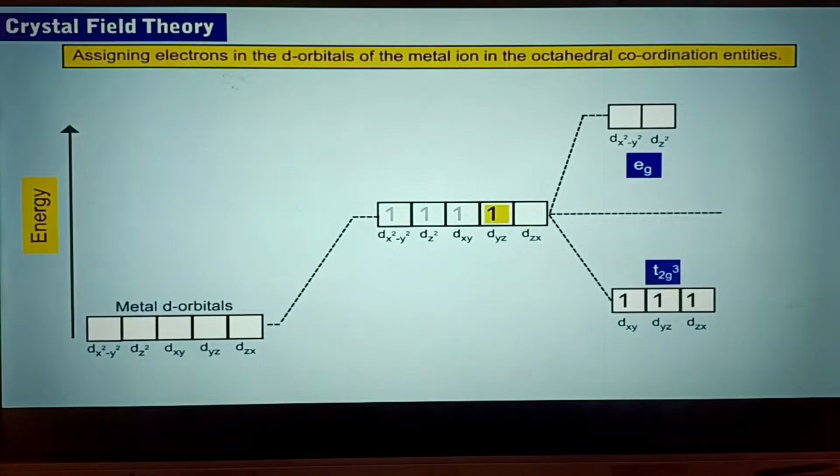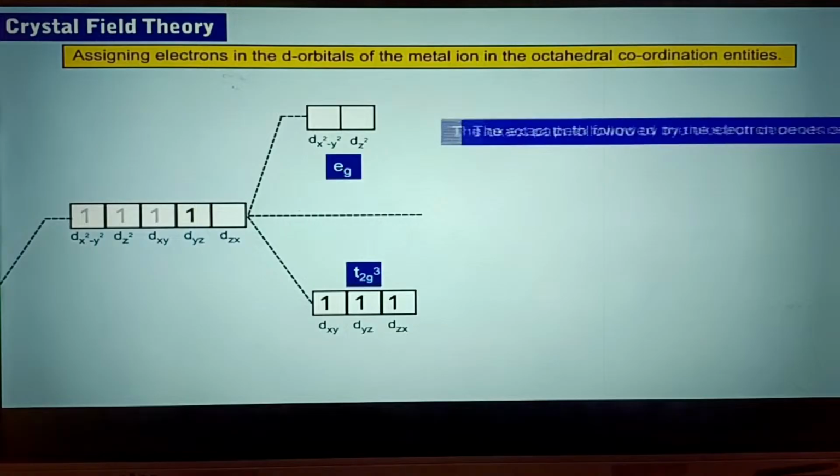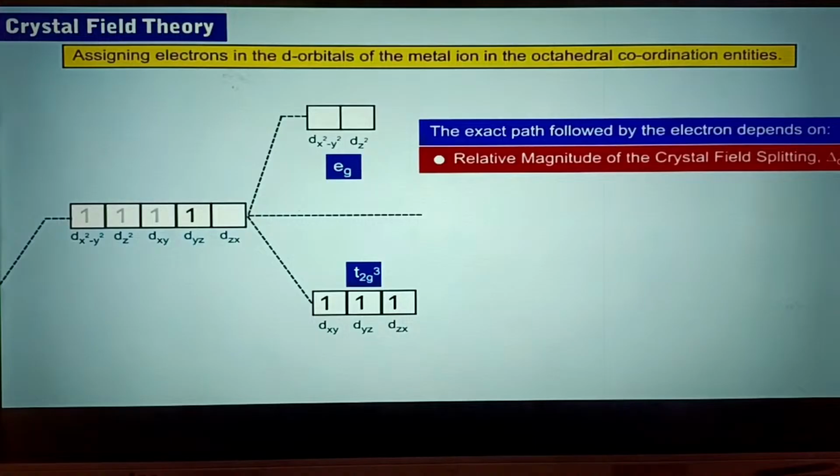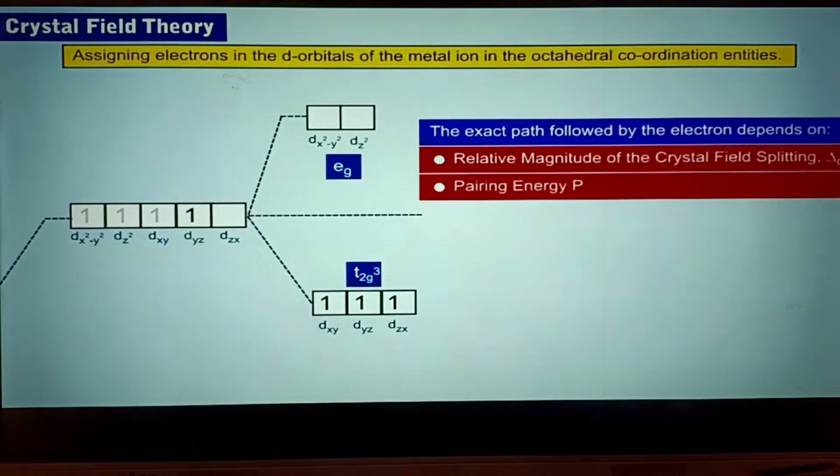The first possibility is that it may enter a T2g orbital and pair up with an existing electron there. The other possibility is that it may enter the higher Eg orbitals. The exact path followed by the electron depends on the relative magnitude of the crystal field splitting, delta O, and the energy required for electron pairing in a single orbital, that is, pairing energy P.